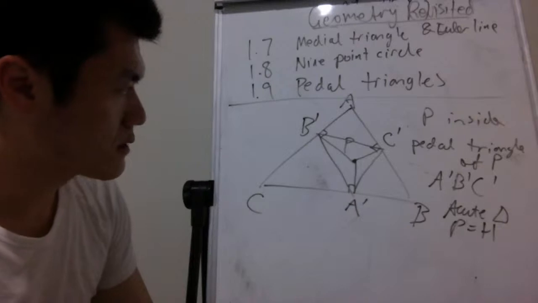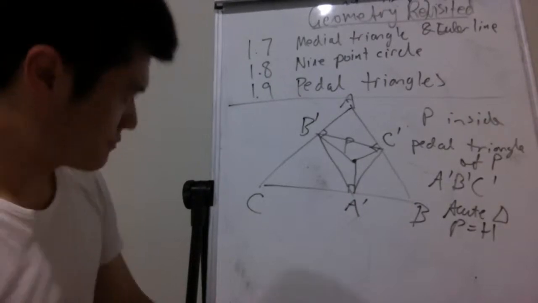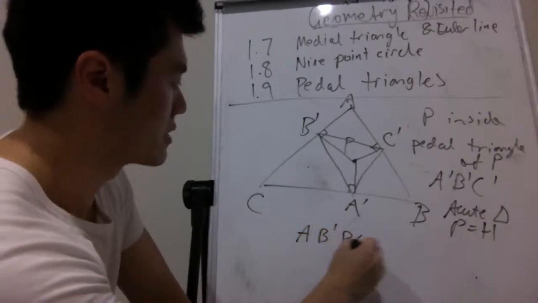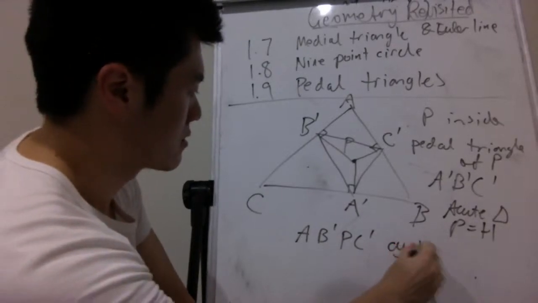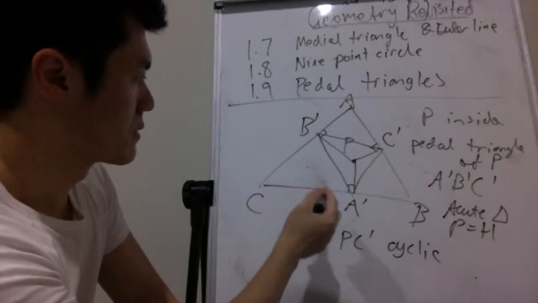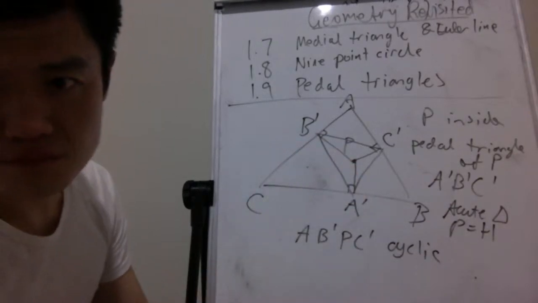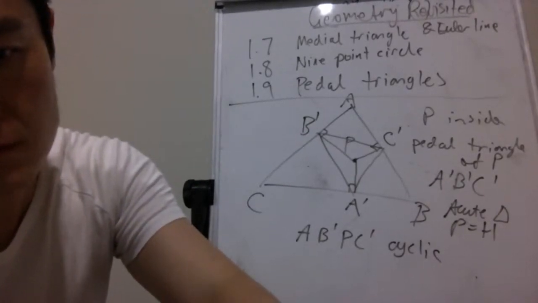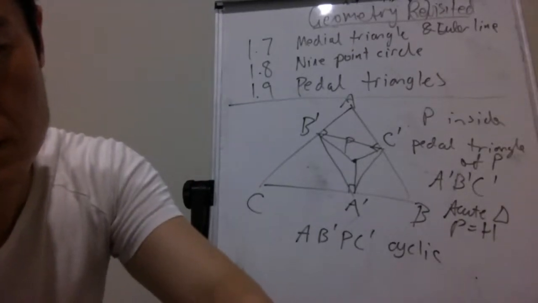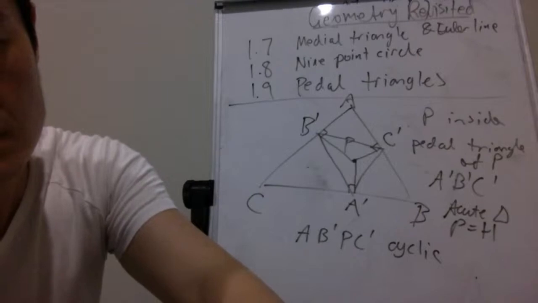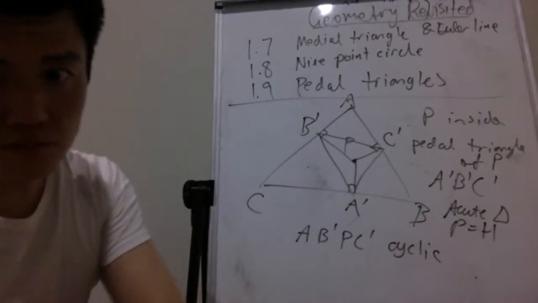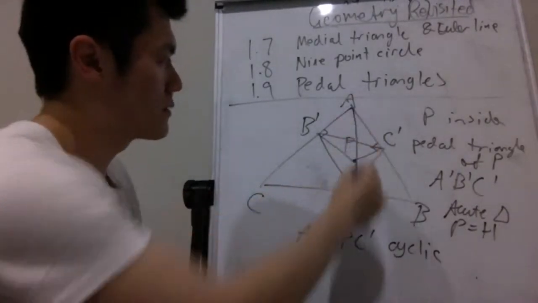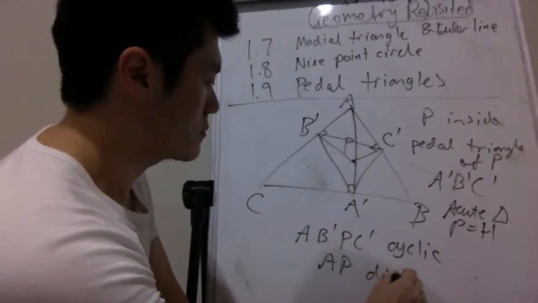One thing you could notice is that A, B prime, P, C prime is cyclic, and the same for the others. This is the diameter, right?